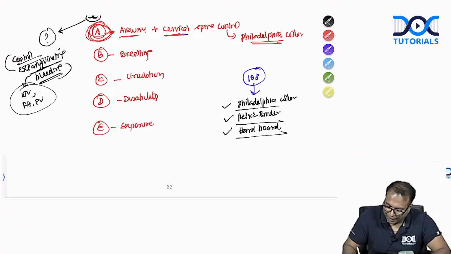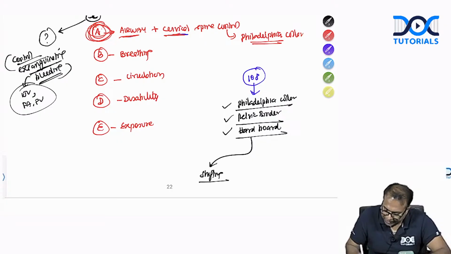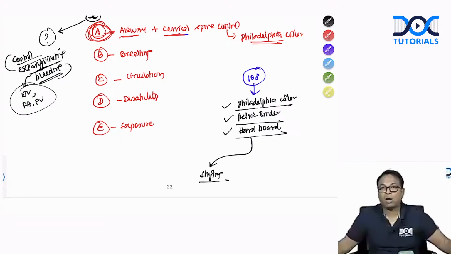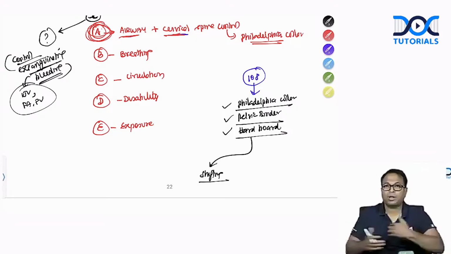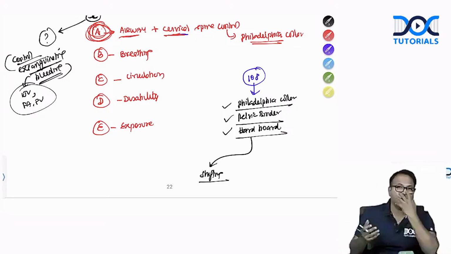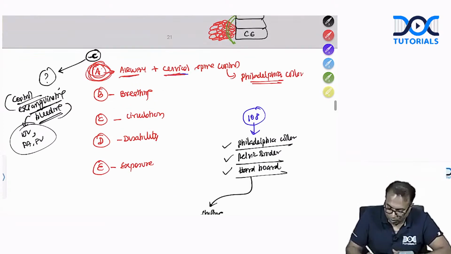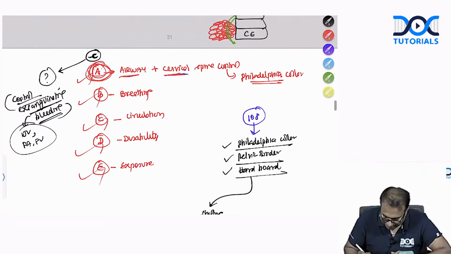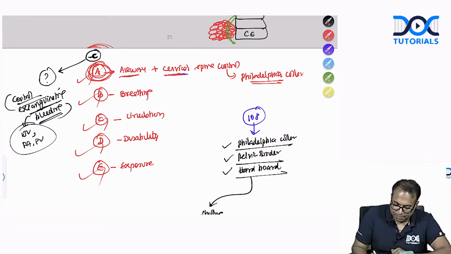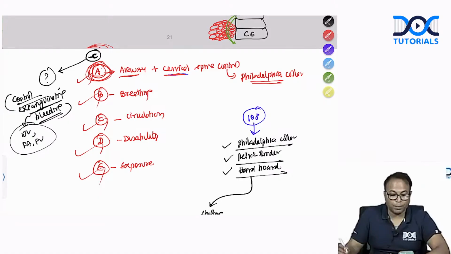Hard board, pelvic binder, Philadelphia collar are done on shifting to hospital. They will put them on a hard board, put a Philadelphia collar, put a pelvic binder, start an IV line, keep an oxygen mask and shift them to hospital. Once they come to the hospital, we do airway, breathing, circulation, disability, exposure. And before ABCDE, please remember the new update is small c.